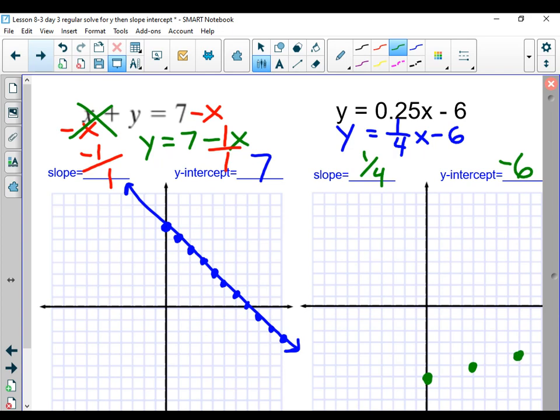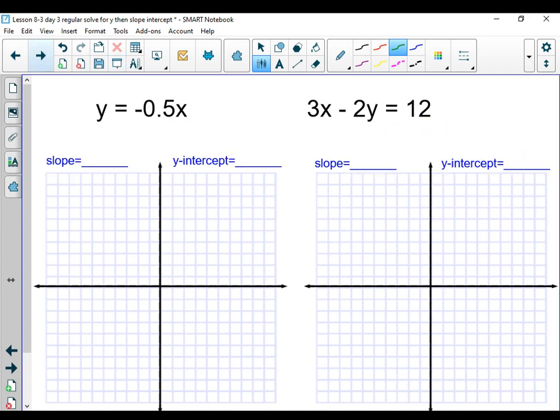I like these flatter ones. Two left. Here he is again, trying to get us with the decimal.